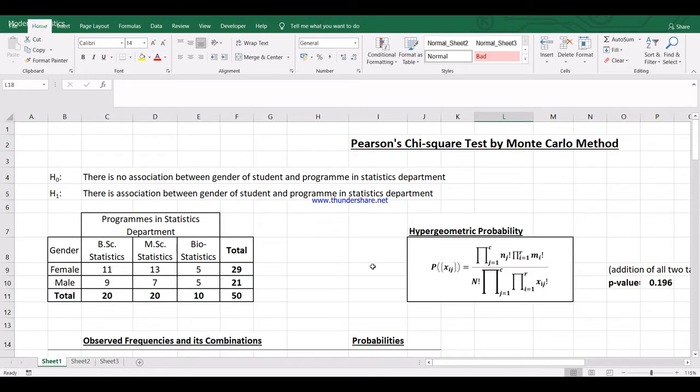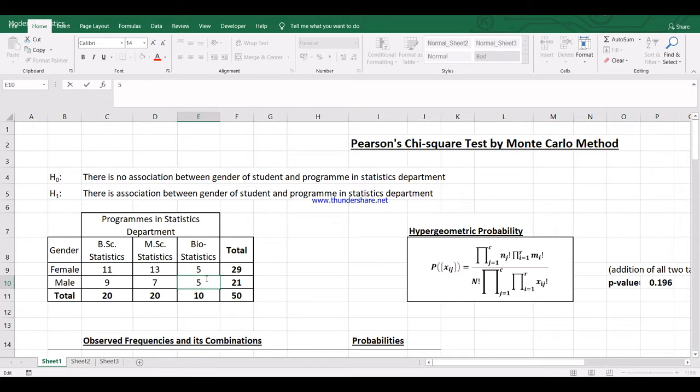So I have taken the data in Excel and we want to test whether there is association between gender of the student and program in the statistics department. The first assumption to apply the chi-square test is to check whether the expected frequencies are more than 5 or not, and here one expected frequency is this value, that is male biostatistics student.